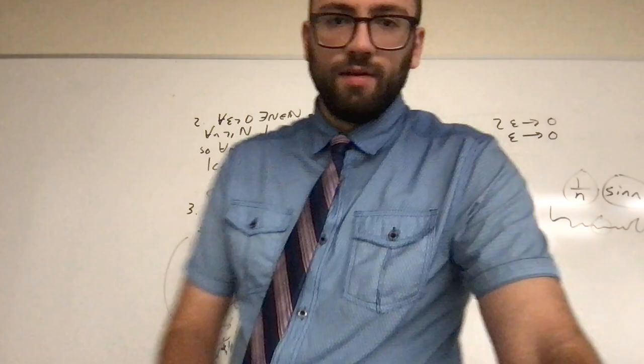If xn goes to A and C is a real number, I want to show that Cxn approaches CA. Three is if xn goes to A and yn goes to B, then xn yn goes to AB.